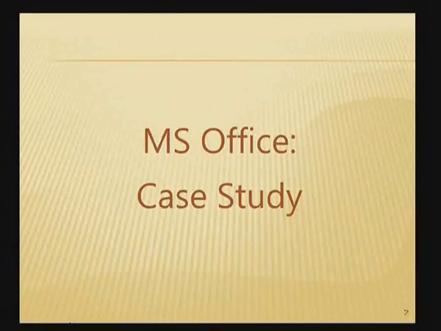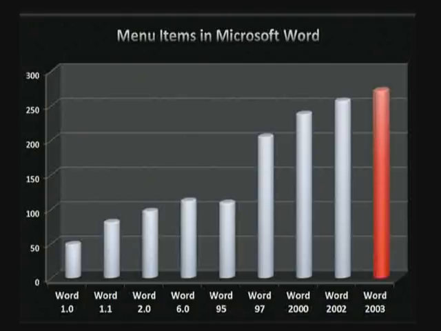So let's take a look at Microsoft Office. Now, in Word 1.0, which was a very long time ago, we had less than 50 menu items. And as time grew, we had more and more menu items. And somewhere around Word 97, they formed a menu item task team, I think, and things started to explode. Now, the menuing system worked great in Word 1.0.